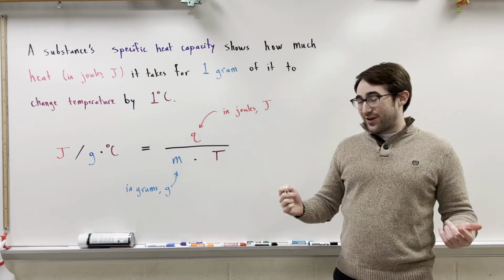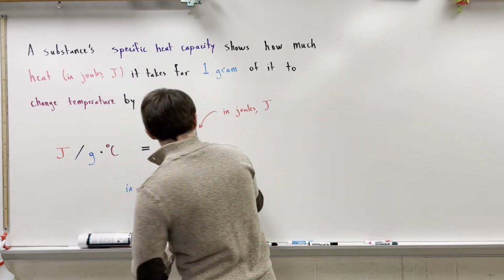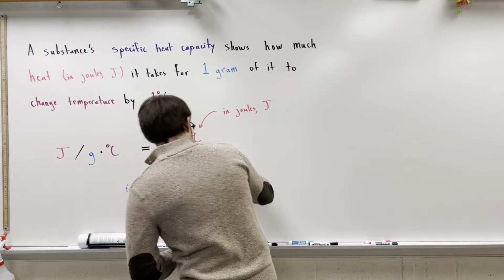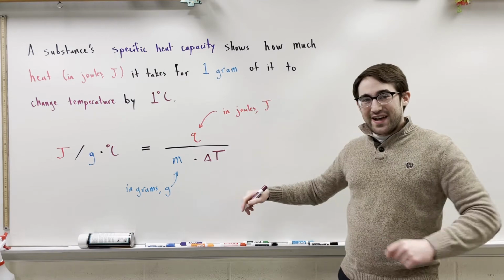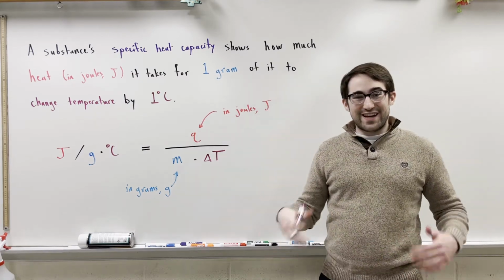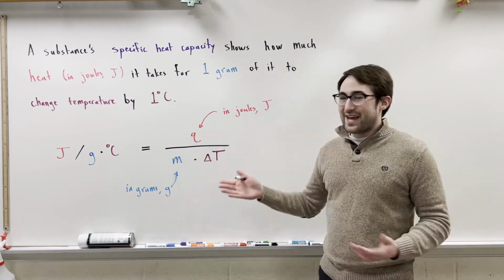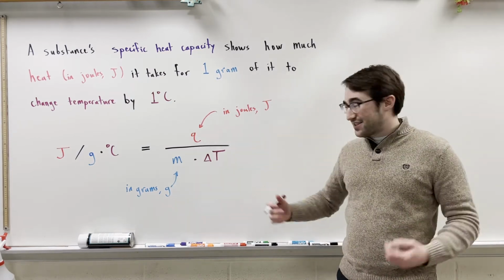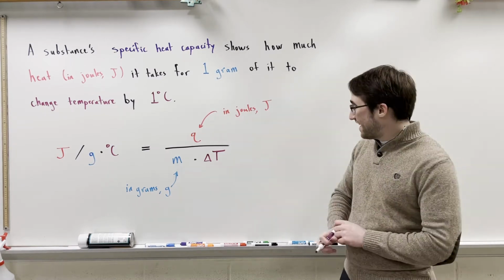All right? So typically in science we use a little Greek letter. This sort of triangle here is called delta, and it represents a change in something. So as you go forward in science, you'll see this delta get used for other things too, like a delta M means a change in mass, or a delta V might mean a change in velocity if you're doing physics.